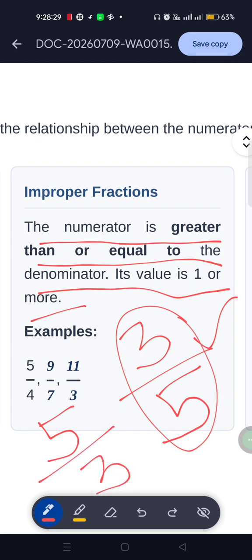This reverse form of a proper fraction is an improper fraction. This form is called an improper fraction. Okay, you will understand it with an example: you cannot get 5 marks out of 3, so that form of a fraction will be an improper fraction.